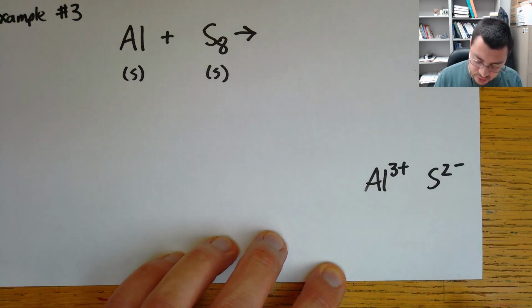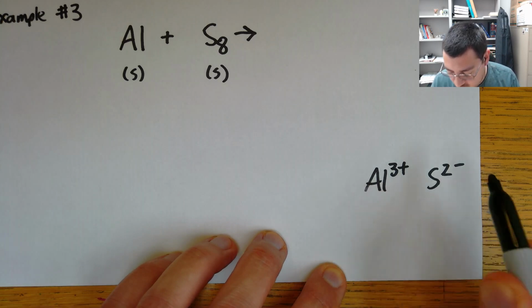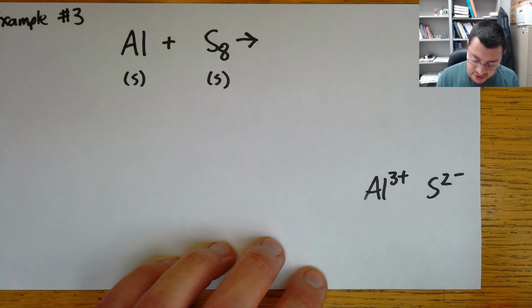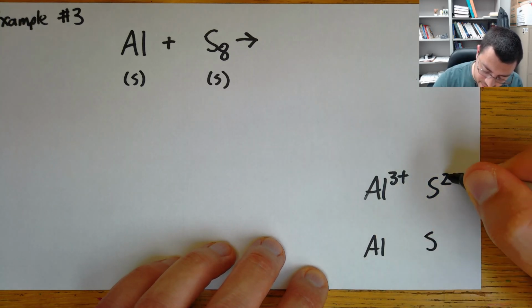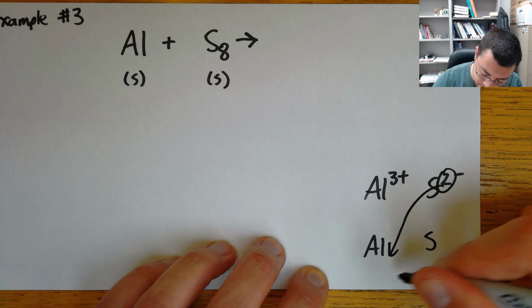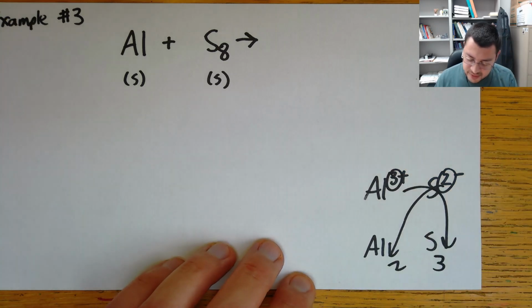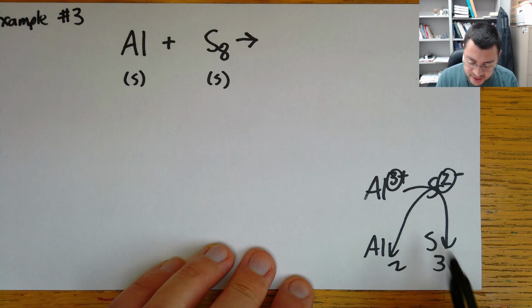Our product will have those charges, and it looks like we cannot have a 1-to-1 ratio between the elements because that would not be charge balanced. So let's go ahead and charge balance. I like to use crossover to get something nice and quick. And there's nothing I can do to reduce these numbers further, so we have Al2S3.